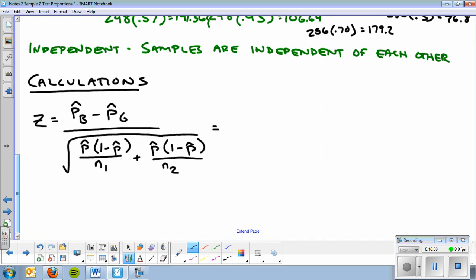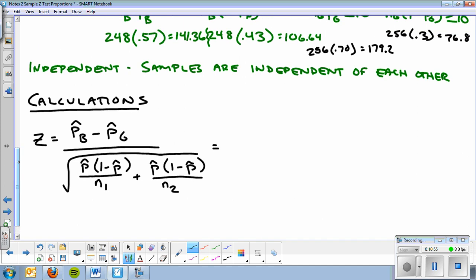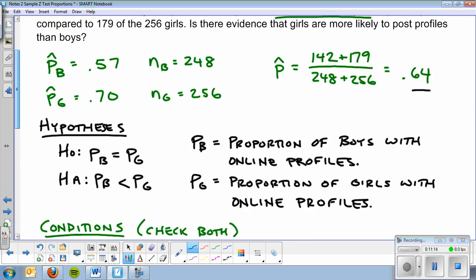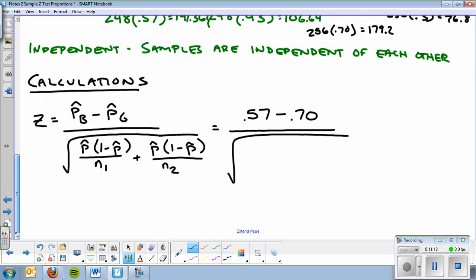Okay, so we've got P hat B, which was 0.57, 57% of the boys had an online profile, minus 70% of the girls had an online profile, divided by the square root of P hat, which we calculated off to the side up here, that pooled proportion, which was 64%.